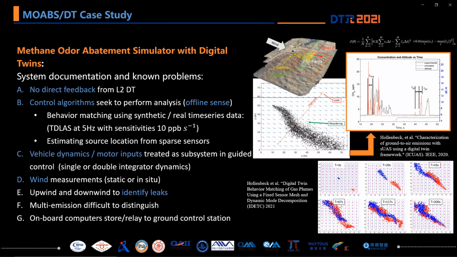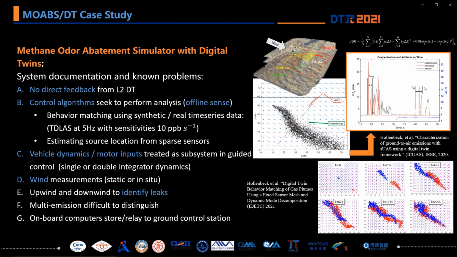The next step in the digital twin is the system documentation and known problems. If we start with that, we don't have direct feedback from the level 2 digital twin. The control algorithms seek to perform analysis in the offline sense, such as behavior matching using synthetic and real time series data, such as the paper in 2020 that we put out, as well as estimating source location from sparse sensors, which is a recent paper we did in the IDETC.